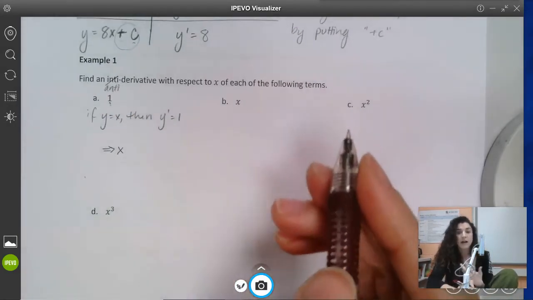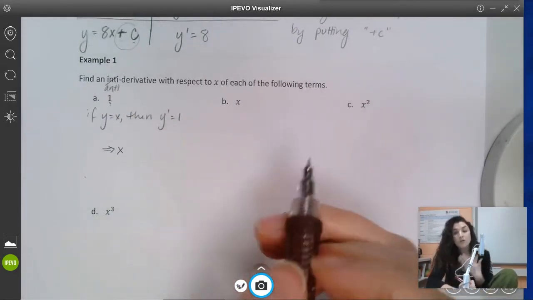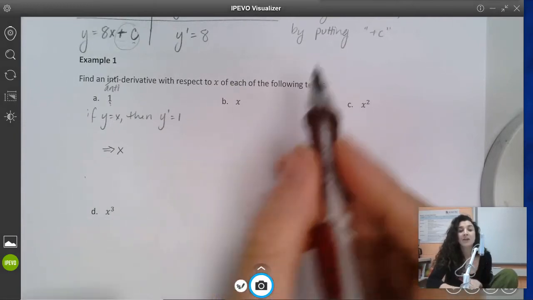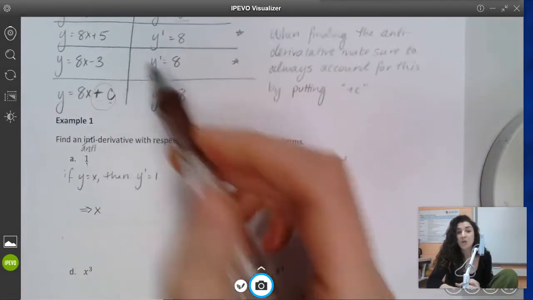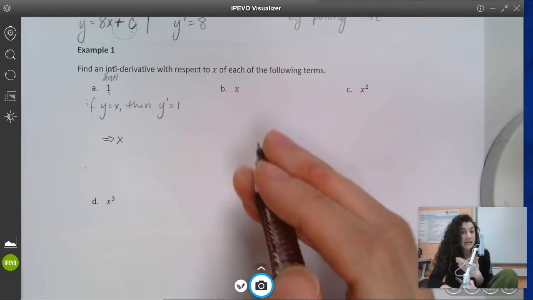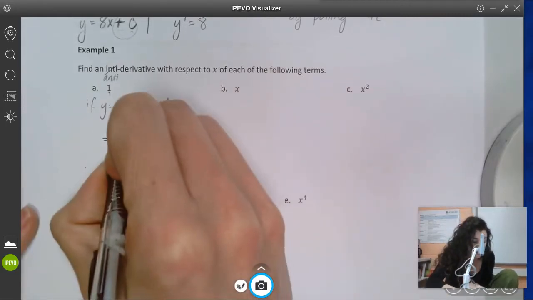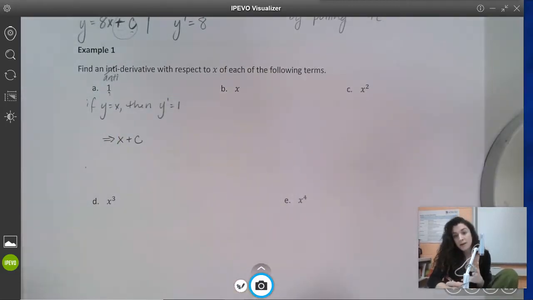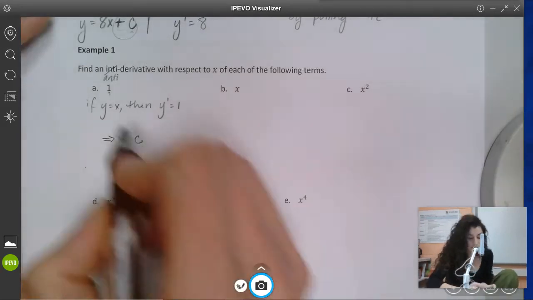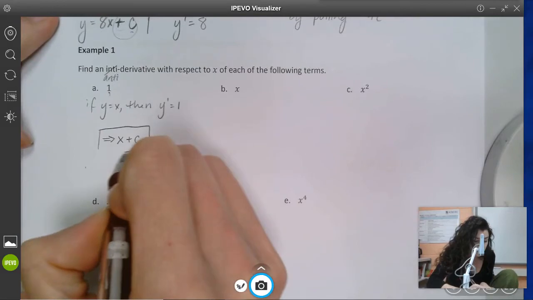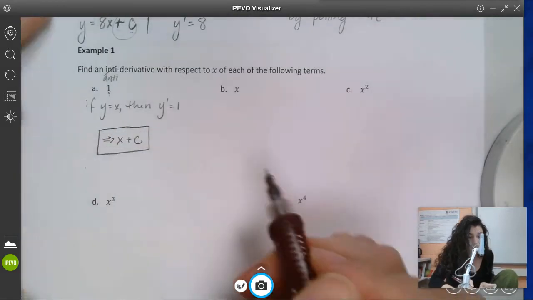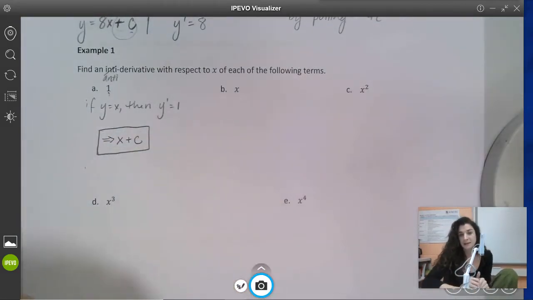If we found the derivative of that, it would just be 1. But we also need to remember that there's some sort of constant here that we don't know what it is. It could be an infinite number of numbers. And so we just need to account for the fact that there will be a constant on the original function.